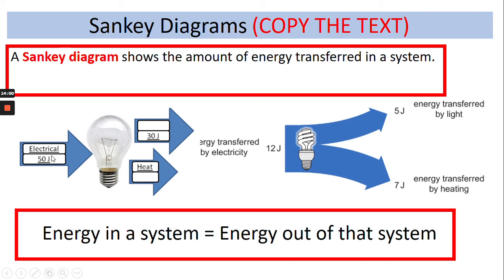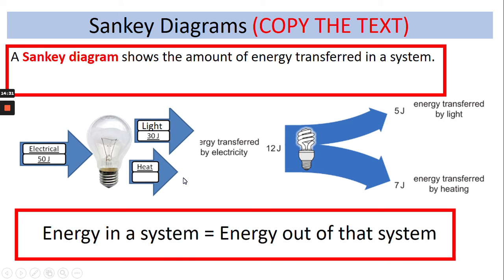Okay, so in this case, with a light bulb, you have 50 joules of electrical energy going in and 30 joules of light going out. So how many joules do you think we should have here where it says heat? If 50 joules are going inside the system, but only 30 joules out, how many more joules should we have here?